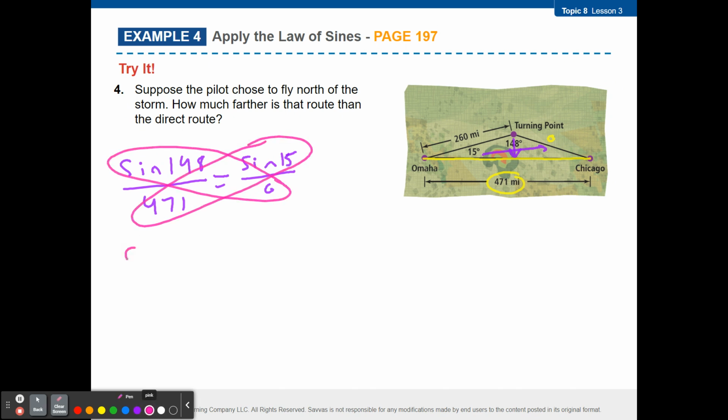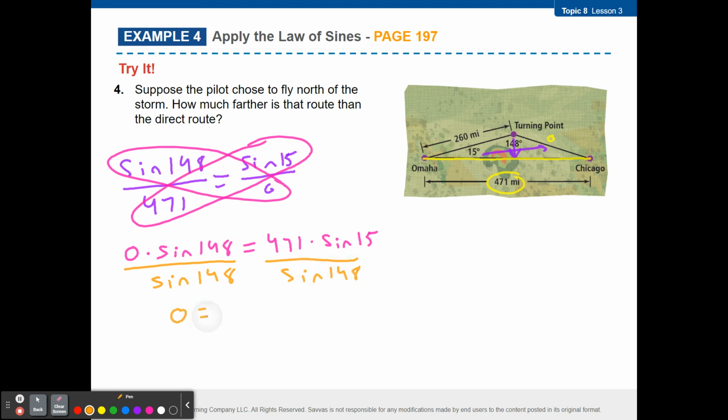This leaves me with little o times the sine of 148 degrees equals 471 times the sine of 15 degrees. I'll divide both sides by sine of 148, which leaves me with O is equal to 471 times the sine of 15 degrees all over the sine of 148 degrees. Now remember, this goes in parentheses, and then calculate it out.